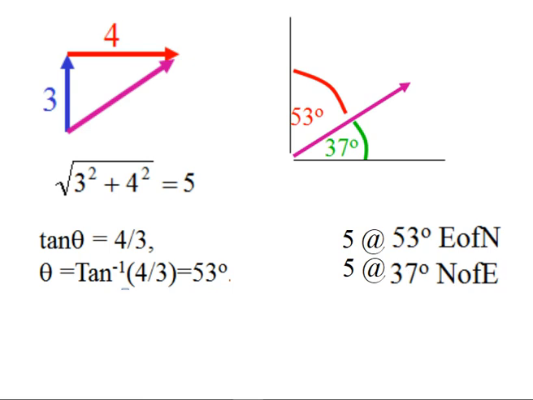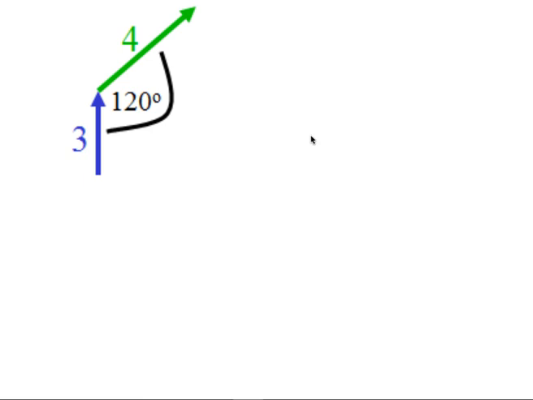Get good at that. Okay, again, I'm going to add 3 and 4. Uh-oh, but now they're not at right angles. What do I do in such a situation? What you do in such a situation is to break the 4 into components which are perpendicular to the 3's direction and parallel to the 3's direction.